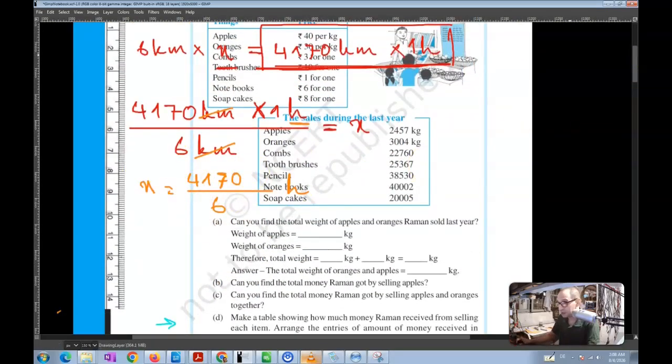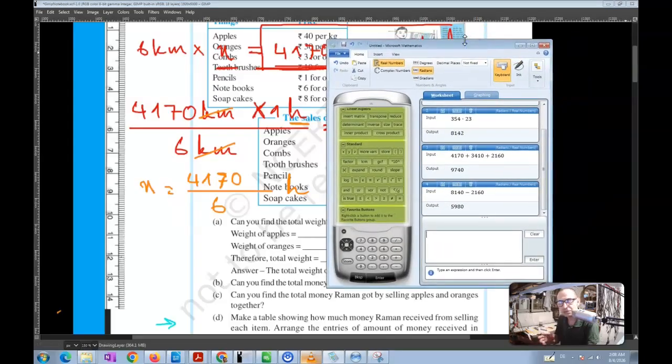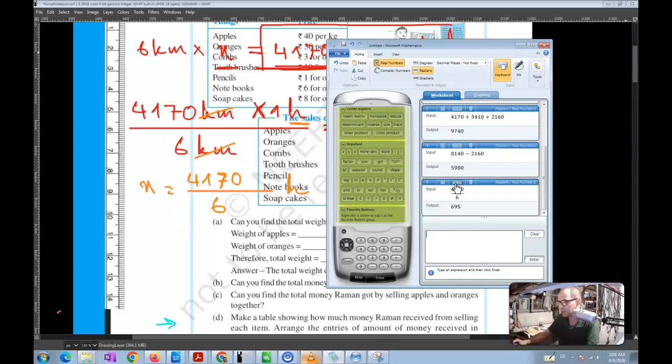Now this value over here, you can of course do long division, that's okay, but then you can calculate it on a calculator as well, and that would be 695 hours.